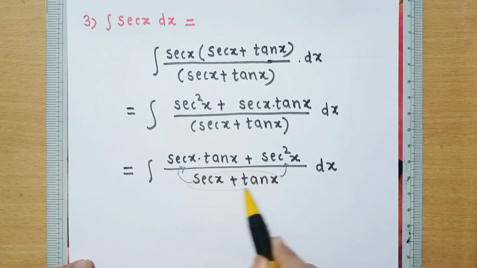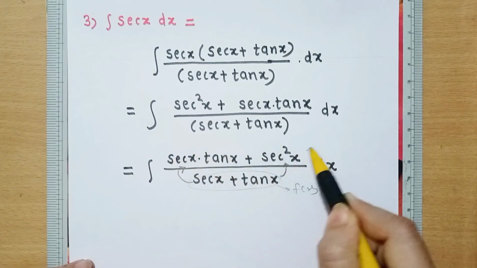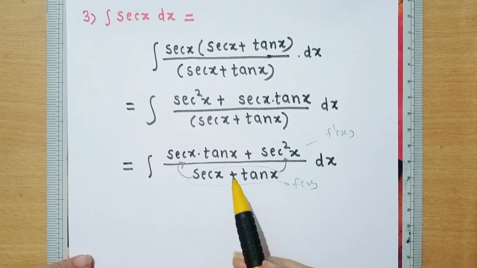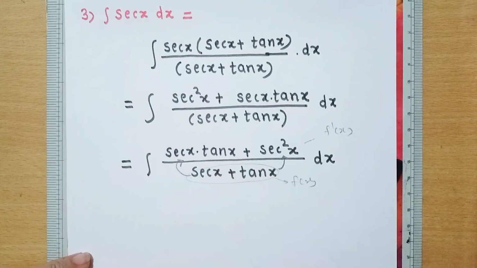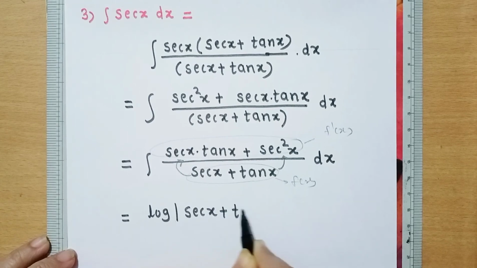That means the derivative of this whole function f of x is present in the numerator. So we can write this as log of the denominator: log of mod of sec x plus tan of x plus c.